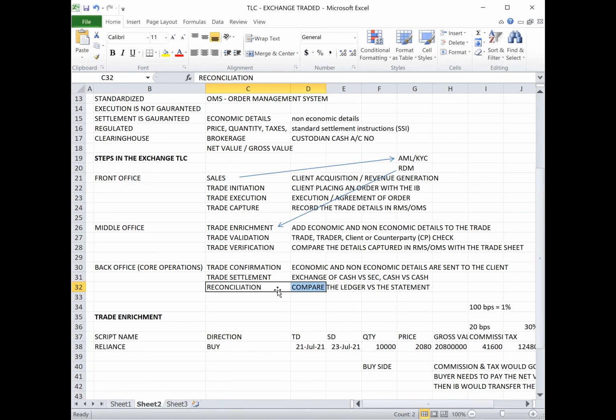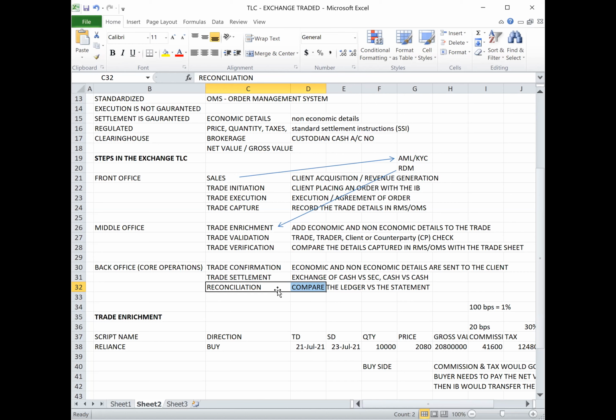The custodian would be preparing its statement and ledger entries. The broker would be preparing its statement and ledger. All these records are cross-checked. That means whatever went out from my account reached your account or not. Whatever went out from your account reached my account or not. So you cross check and reconcile all the details. That is what we mean by reconciliation.